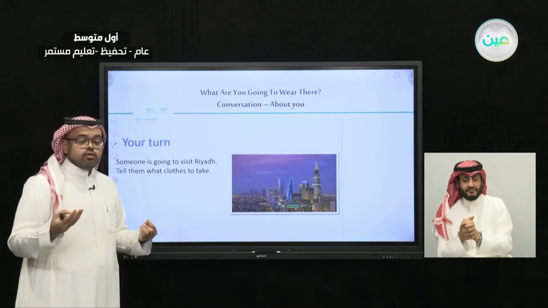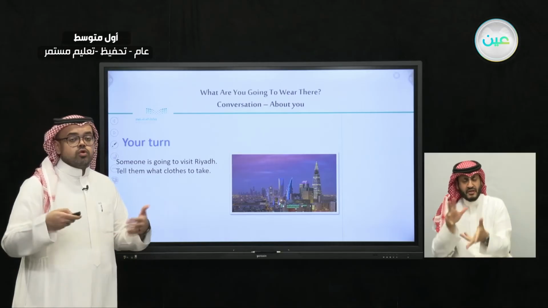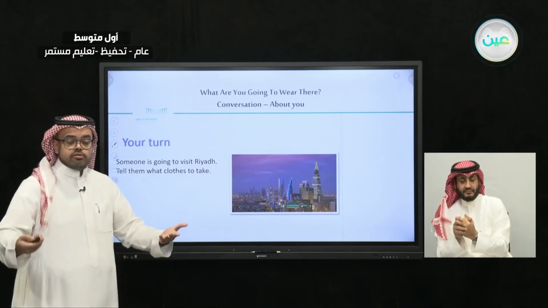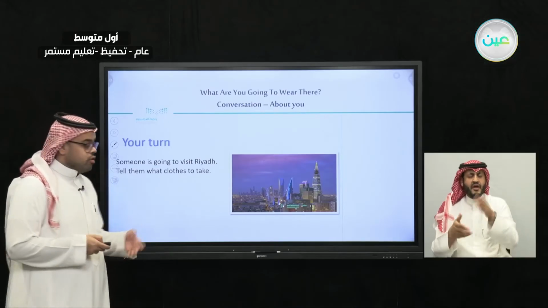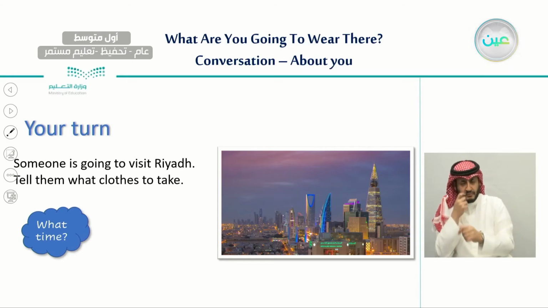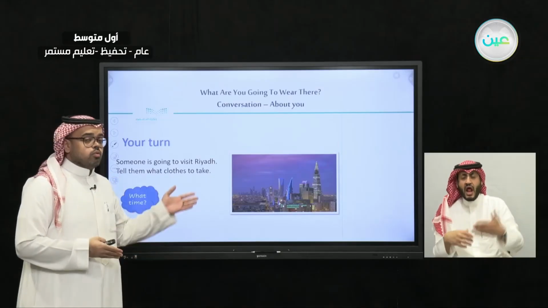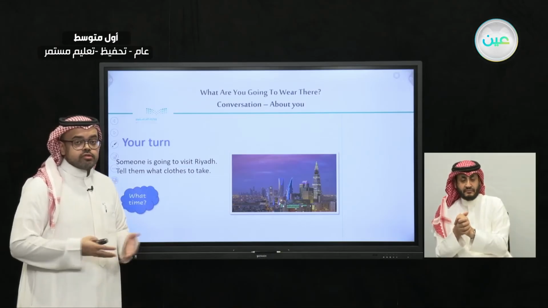So let's say, for example, it depends. You can ask a question first so you can know, or you can suggest and tell him what kind of clothes he should wear. For example, at what time of the year will your friend visit Riyadh? Will he visit Riyadh in summer?